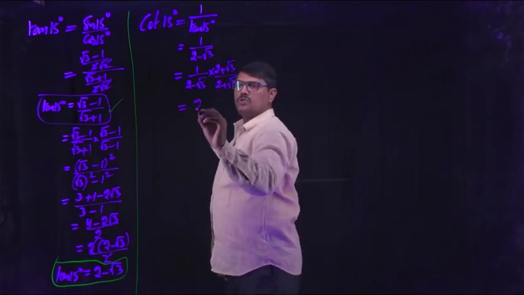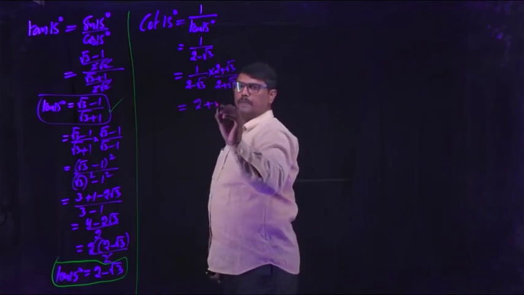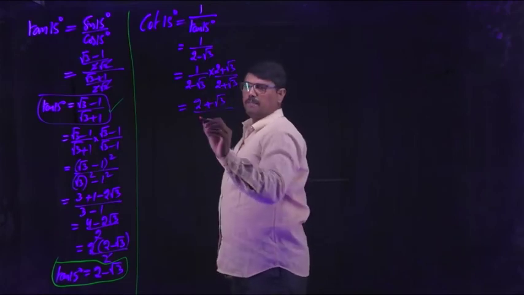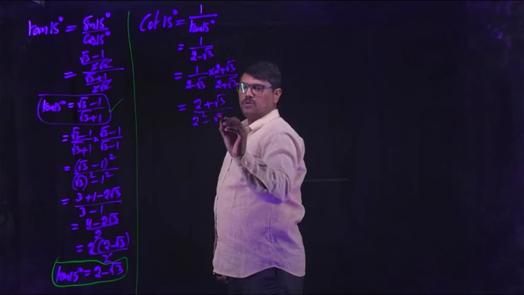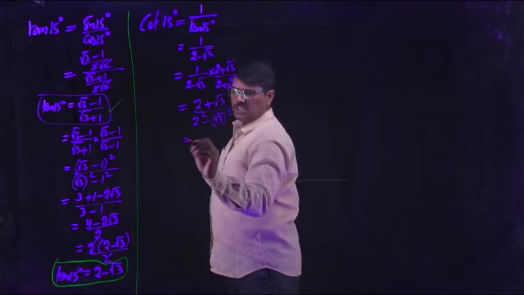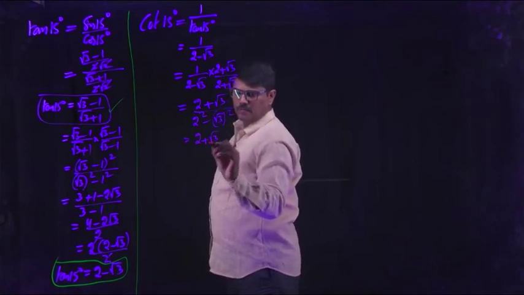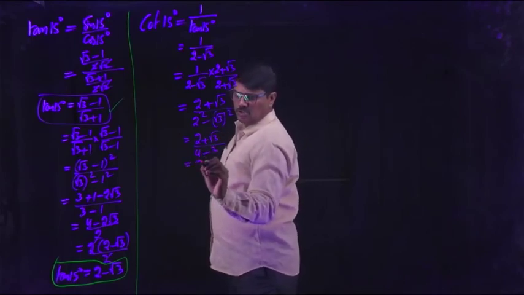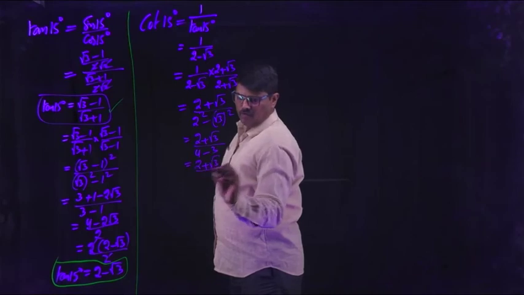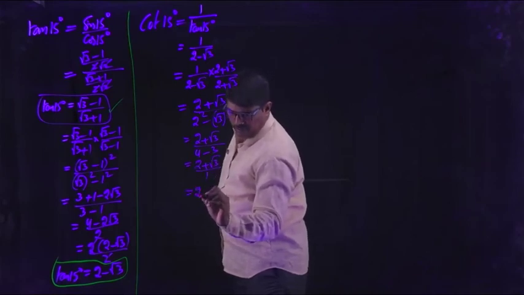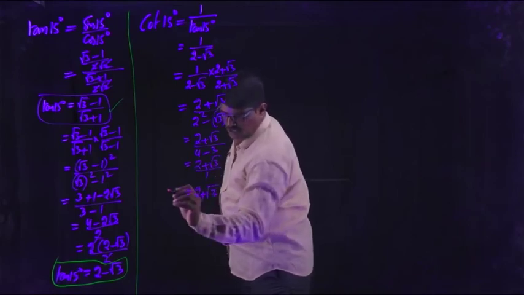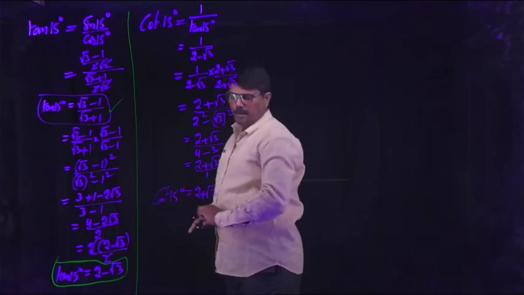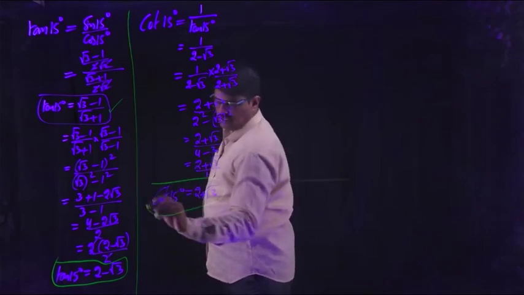So 1 into 2 plus root 3 is 2 plus root 3, and the denominator, a minus b into a plus b, becomes 2 square minus root 3 whole square. 2 square is 4, root 3 whole square is 3, so you get 2 plus root 3 by 1, since 4 minus 3 is 1. So you can remember cot 15 like this: the value of cot 15 you have to remember is 2 plus root 3.